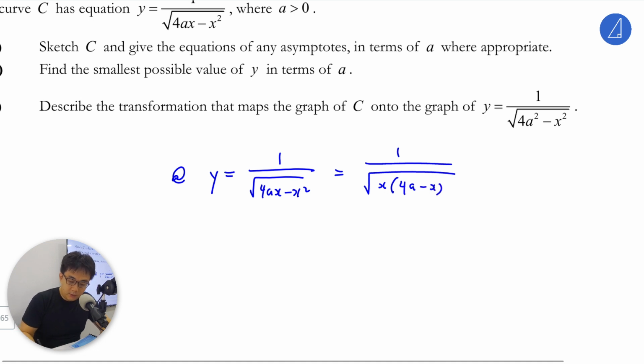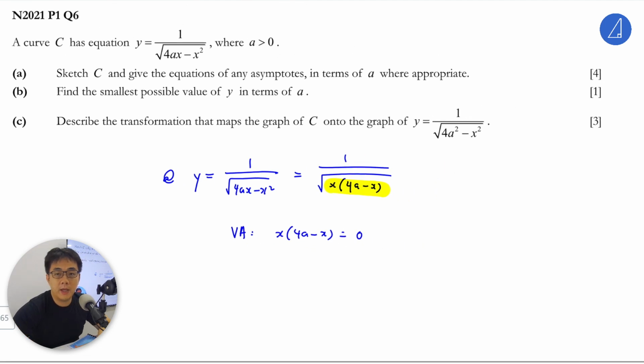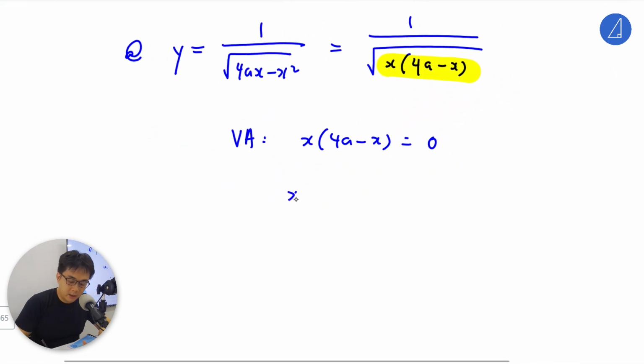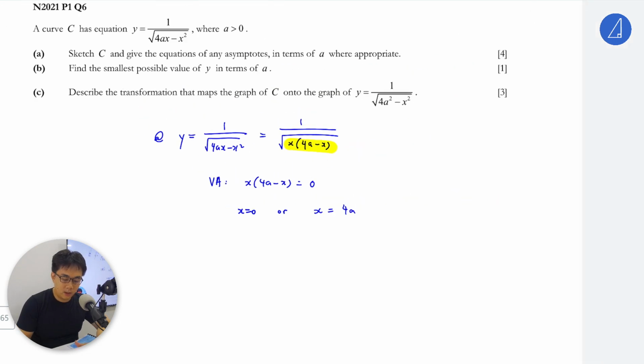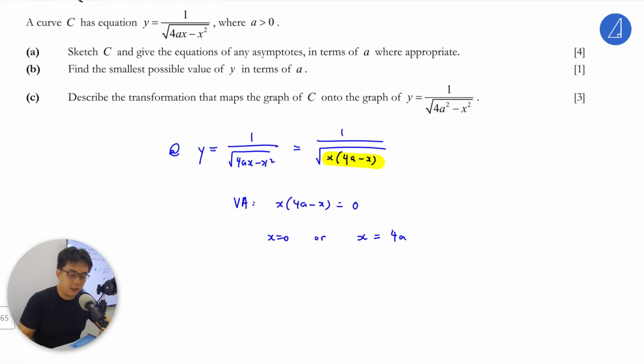So the vertical asymptote is where the bottom, x, 4a minus x equals 0, right? So in this case, what we'll get is x equals 0 or x equals 4a.